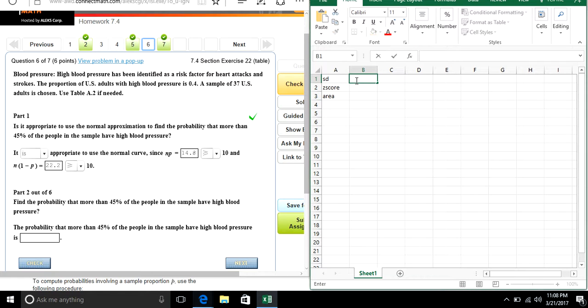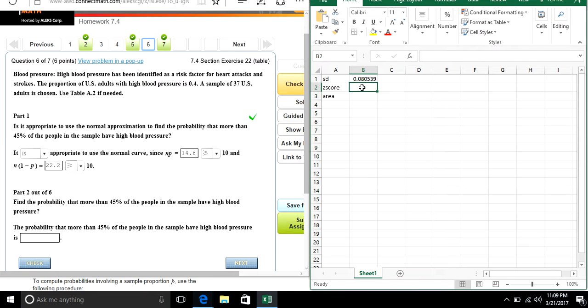So the formula is the square root of p, which is 0.4, times 1 minus p, which is 0.6, divided by n, which is 37, and all this is square rooted. So that's our standard deviation, excuse me.